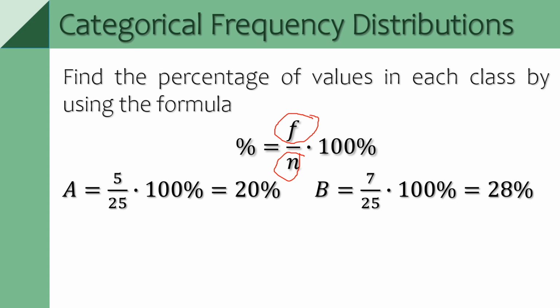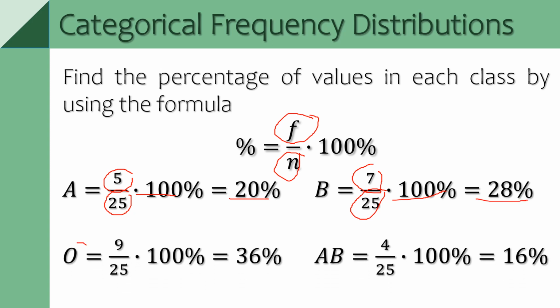For type A, yung frequency niya ay 5 divided by 25 multiplied by 100, so that is 20%. For letter B, ang frequency niya ay 7 divided by 25, then multiplied by 100, and that is 28%. For letter O, type O, there are 9 over 25 multiplied by 100, so that is equal to 36%.